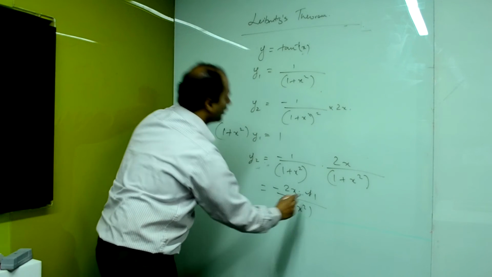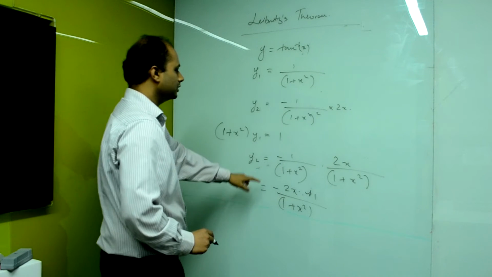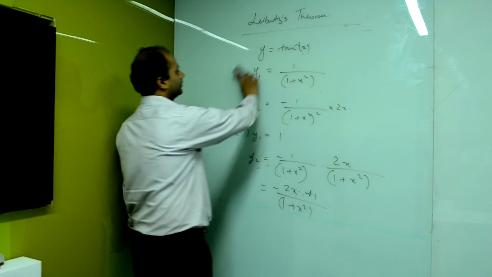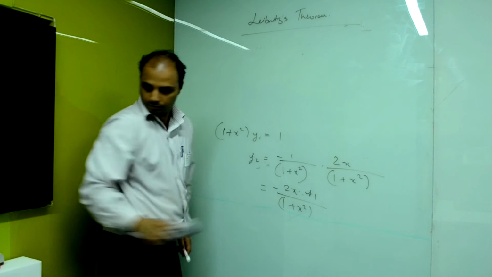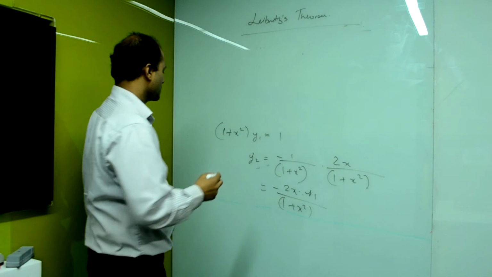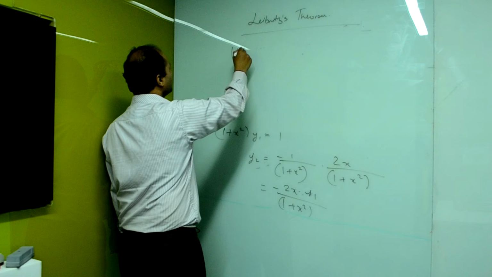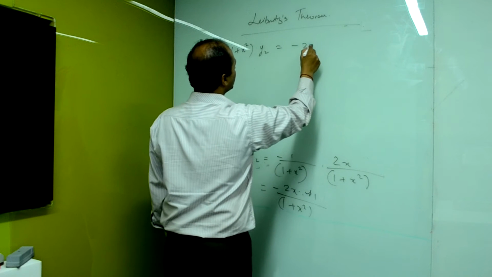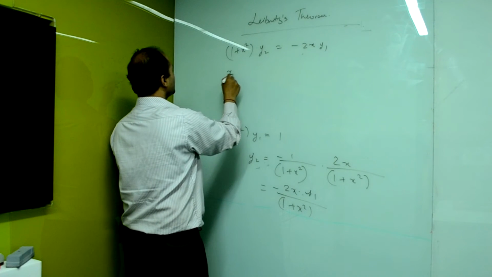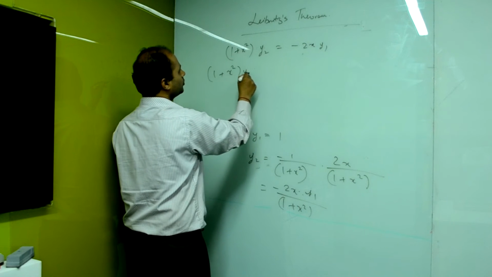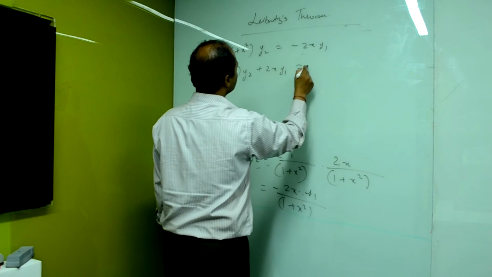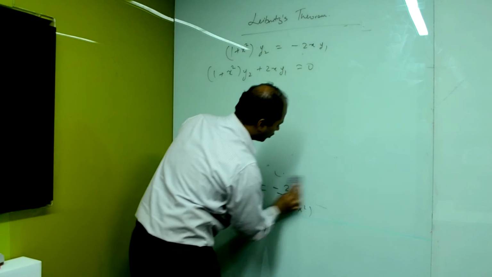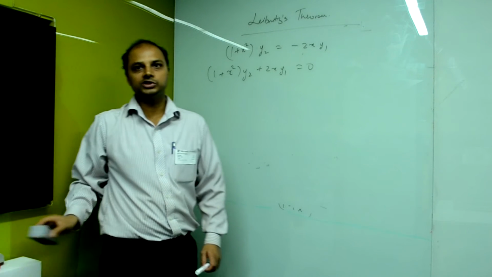We are just substituting the value of y1 for 1 by 1 plus x square in the step for finding y2. So you get 1 plus x square multiplied by y2 is equal to minus 2x y1, or 1 plus x square into y2 plus 2x y1 is equal to 0. So we have brought the explicit function in terms of its derivatives.